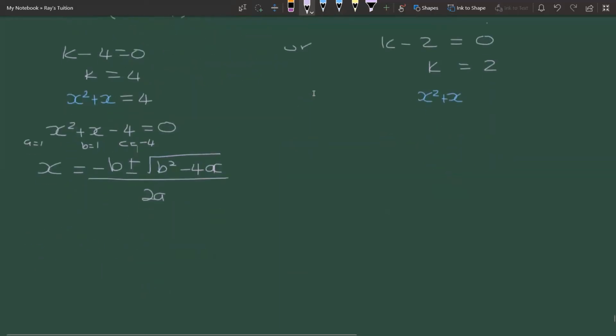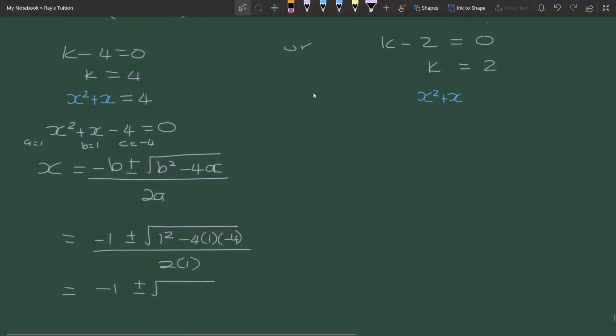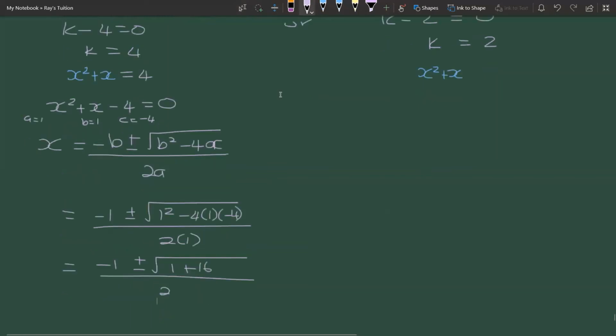So let's substitute. This here is equal to minus 1 plus or minus the square root of 1 squared minus 4 times 1 times negative 4, all over 2 times 1. So this here is minus 1 plus or minus the square root of 1 plus 16 when we multiply that out, all over 2.